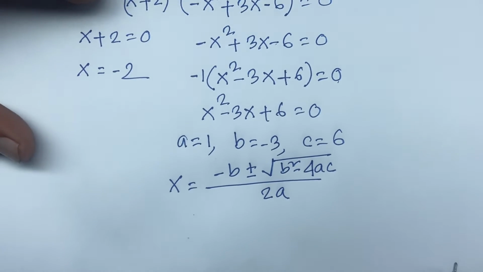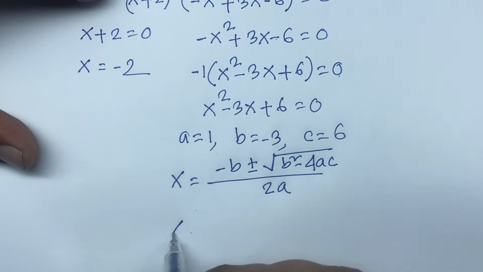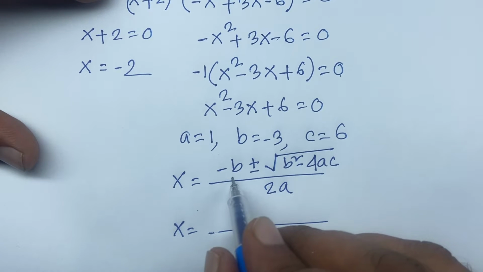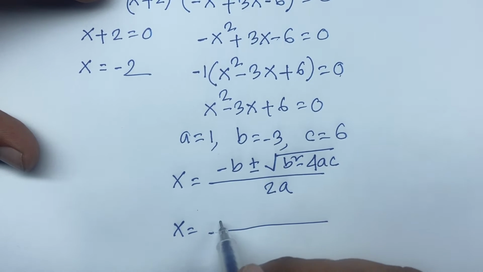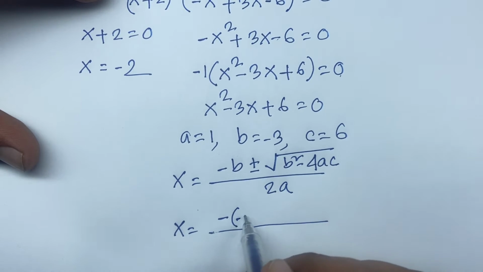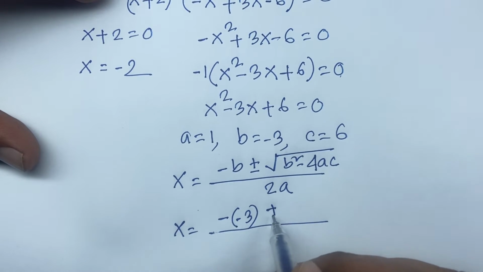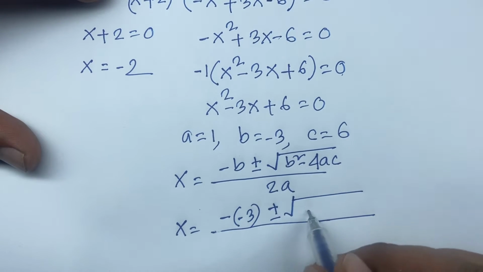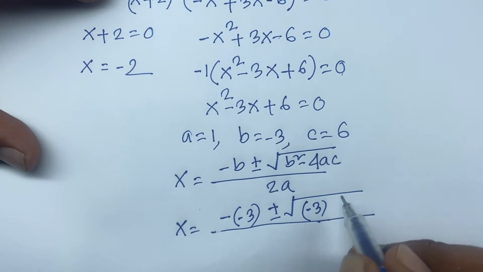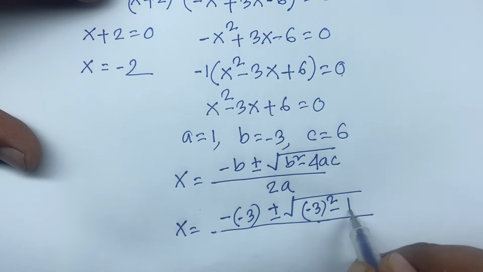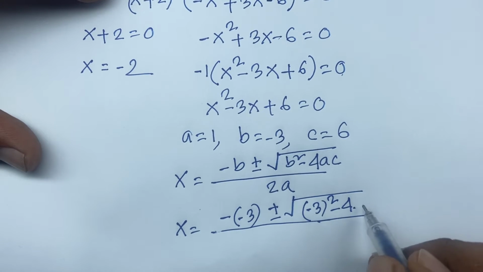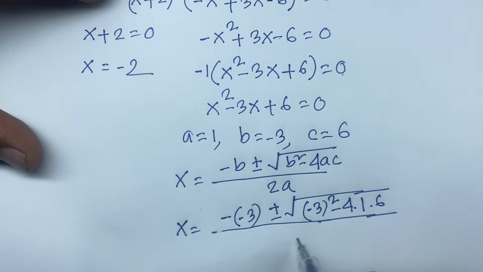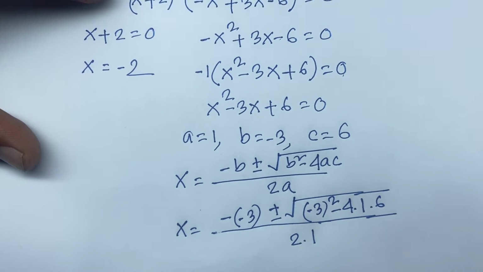So according to these rules, I can easily say x is equal to minus b. So it will be minus, and here minus 3, plus minus square root of b square. So b is minus 3 whole square minus 4a, a is 1 and c is 6, over 2a, a is 1.